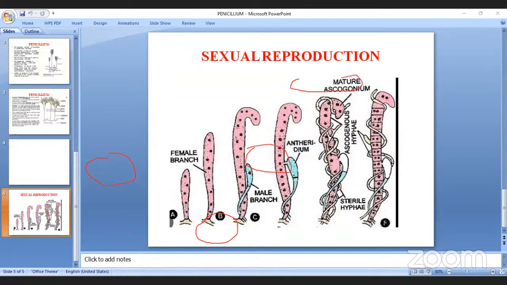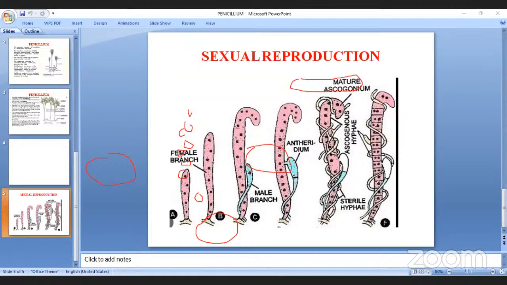They grow side by side. Before sexual reproduction, the antheridium contacts the ascogonium. Before that, there is one nucleus in the antheridium, and more than one nucleus in the ascogonium.